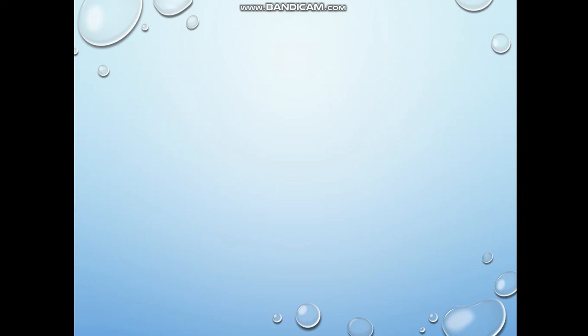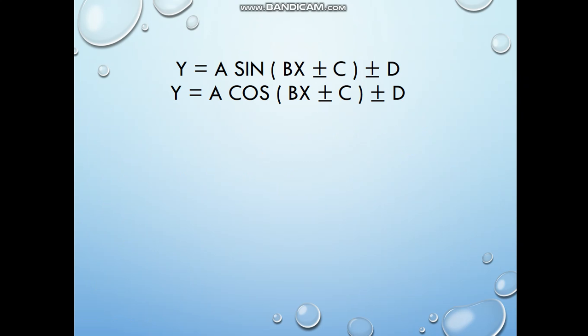Now let's see the sine function and the cosine function in a more general form. y equals a sine bx plus or minus c plus or minus d, and y equals a cosine bx plus or minus c plus or minus d. What do these letters represent?